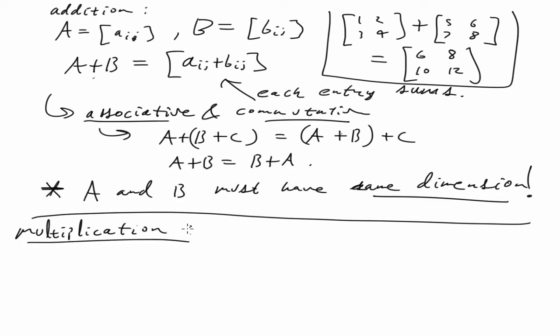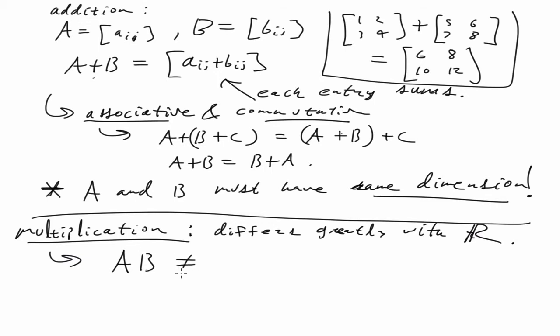Okay. So the next question then is, what about multiplication? Multiplication turns out to be where it differs greatly with real numbers. First of all, A times B does not always equal B times A. So we don't have commutativity; it's non-commutative.